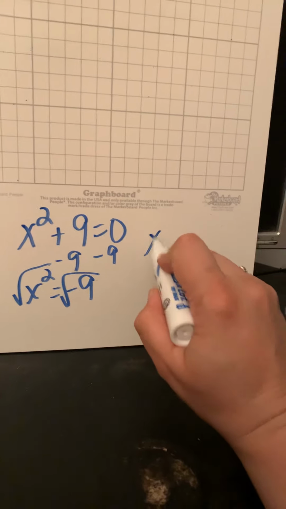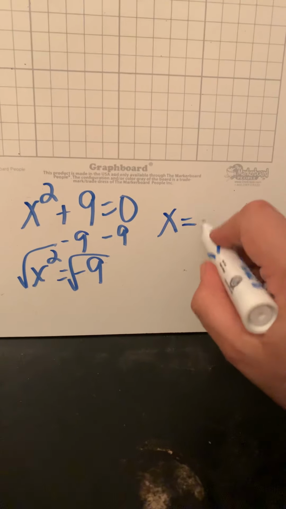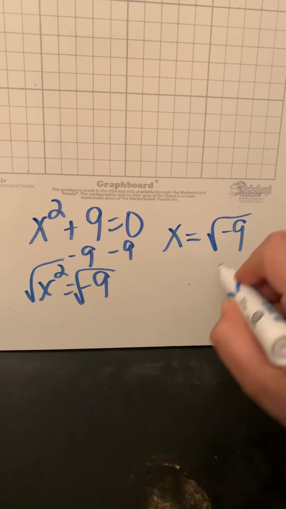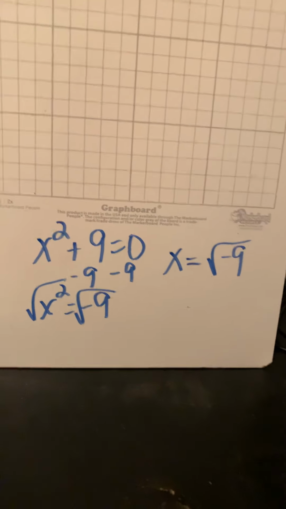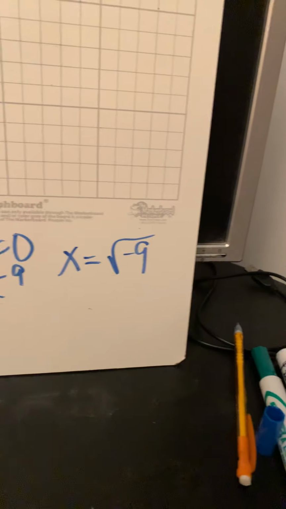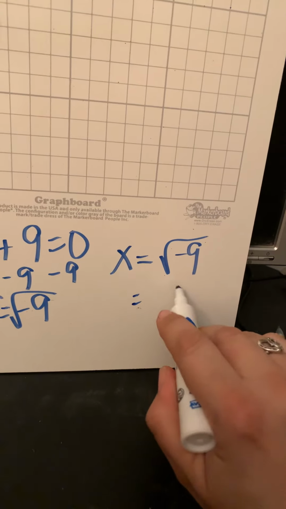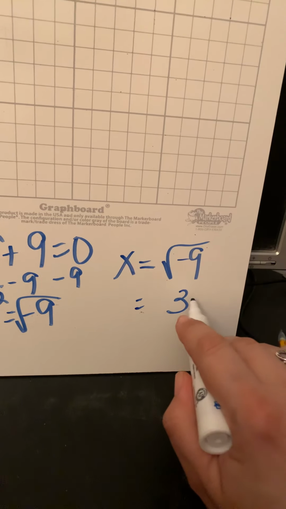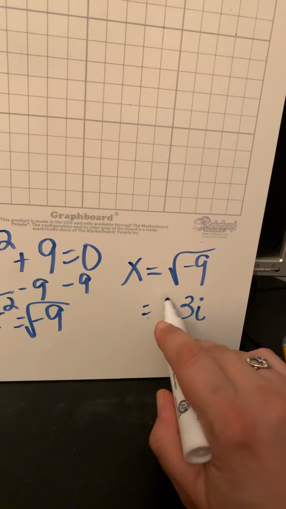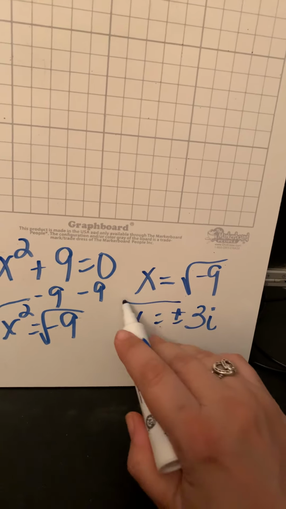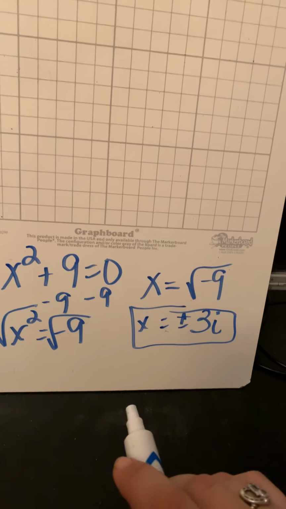Again, now we have x equals the square root of negative 9. Again, can't have the negative number in there. Okay, it's imaginary. So what is the square root of 9? 3. Because of that negative, i, plus or minus. That is all that's to it.